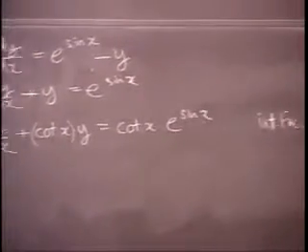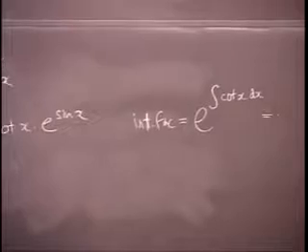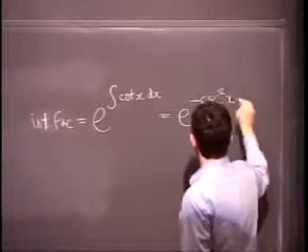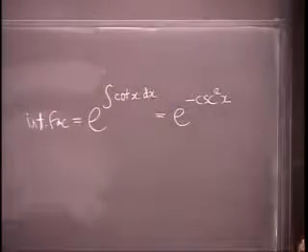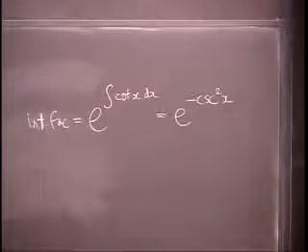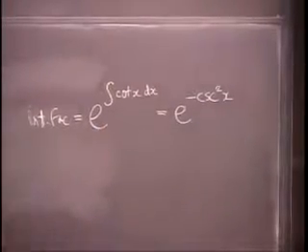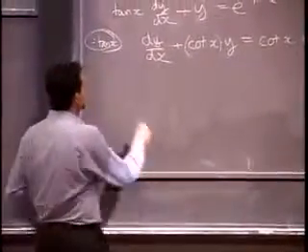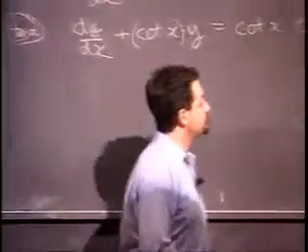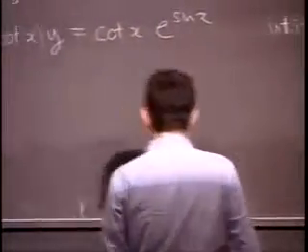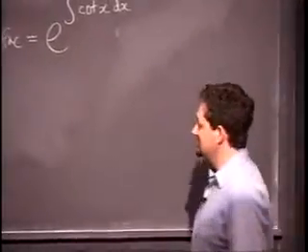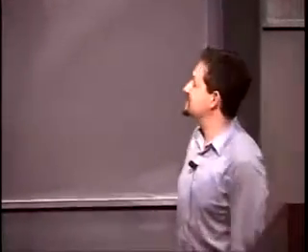And the integral of cotangent is negative cosecant squared. No constant needed. So I'm going to multiply this by e to the negative cosecant squared x all the way through. Wait, there is a mistake. Okay, what did I do wrong? I didn't integrate cotangent very well, did I?